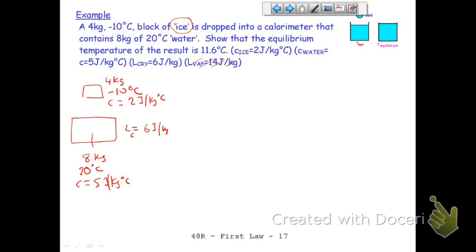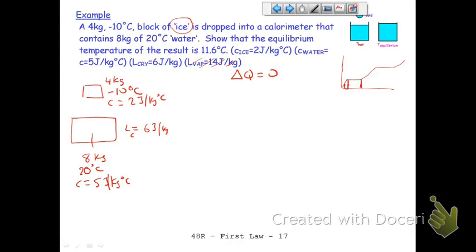I say that my change in Q is equal to 0. So now, if only for a minute, I'm going to think back about this diagram. I start off with ice below its melting point, so I need one term for the warming of the ice.